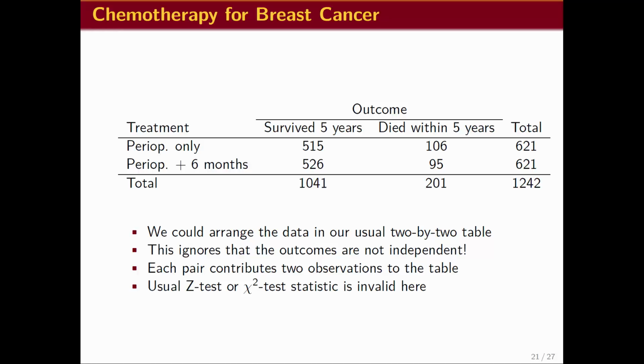This is an entirely valid way of presenting the data, but when you think about testing the hypothesis, you need to see whether the assumptions that you need to make in order to carry out the hypothesis test match the design.